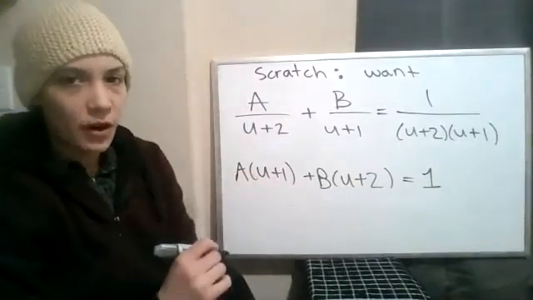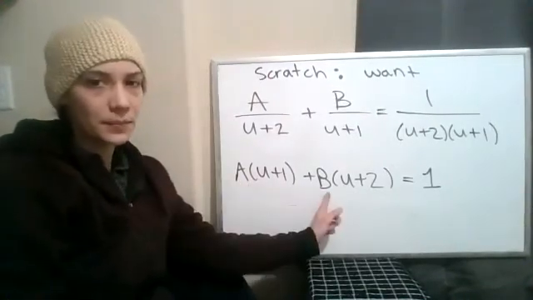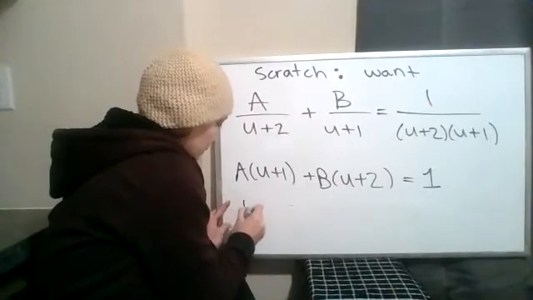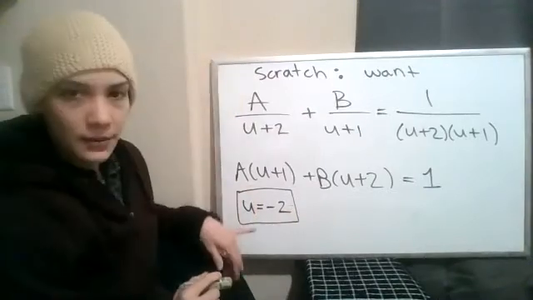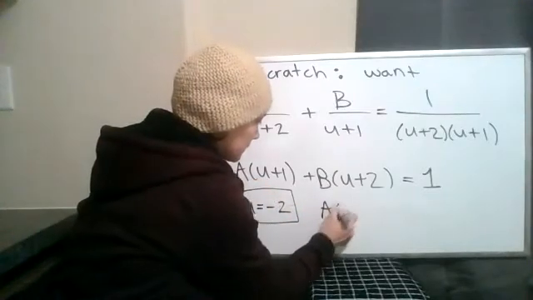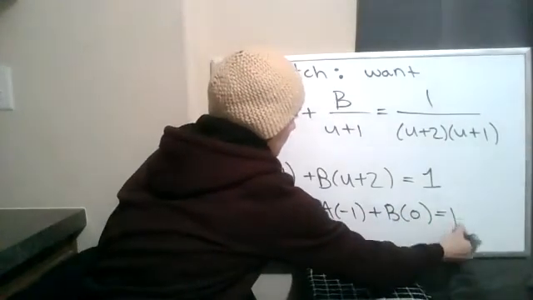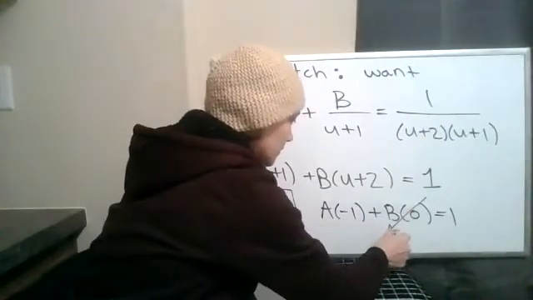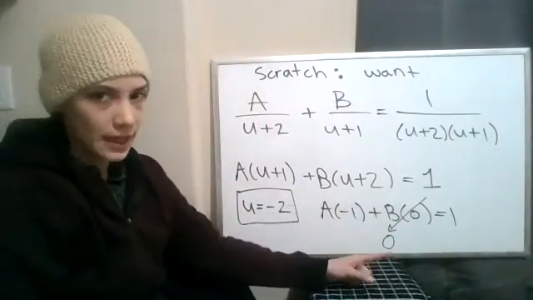And this is true for all values of u, so you can start picking numbers for u to figure out what a and b could be. I picked u equal to -2. If I choose that number for u, I've got a times -1 plus b times 0 equal to 1. So that's going to go away, it's 0. So -a equal to 1, which means a equals -1.